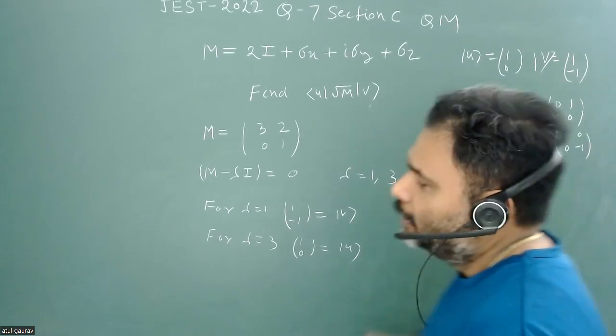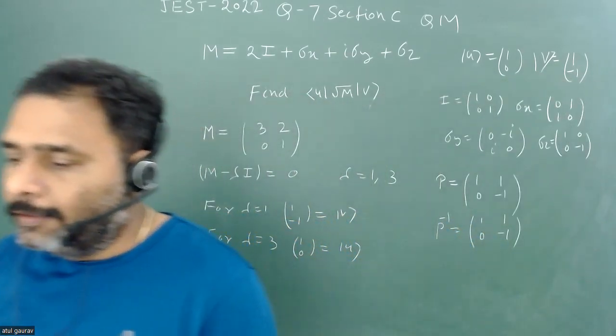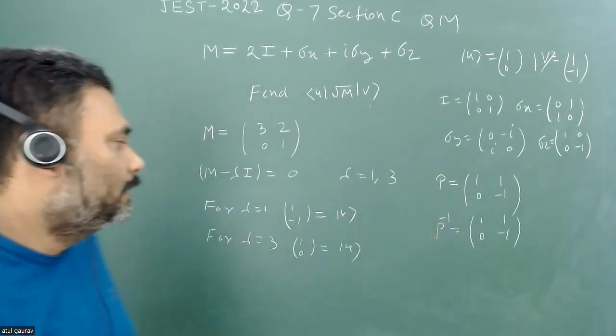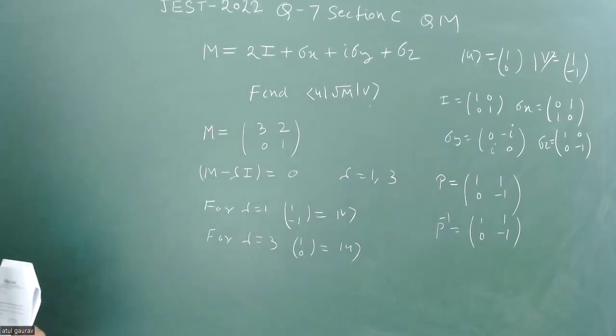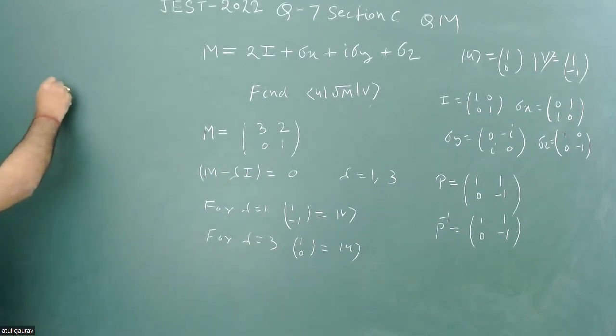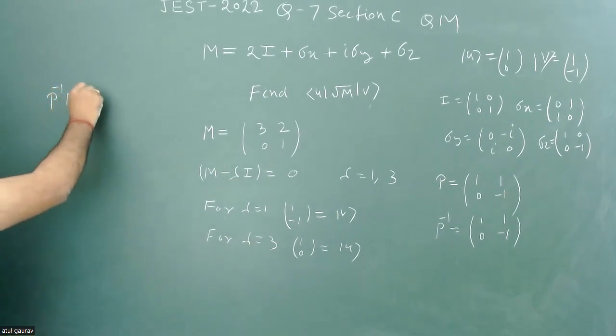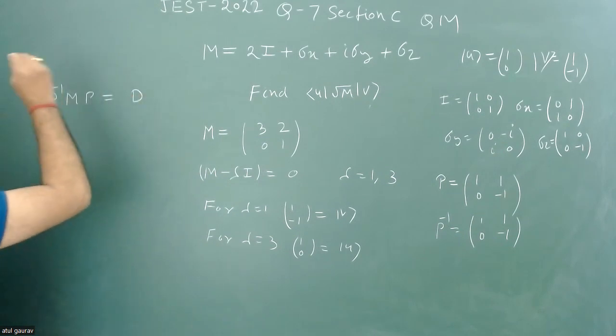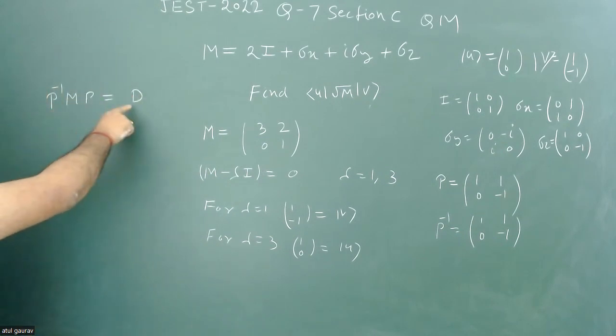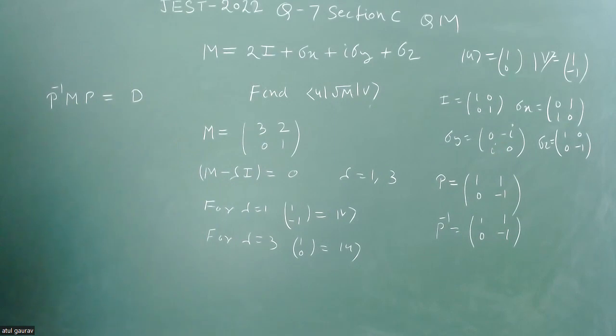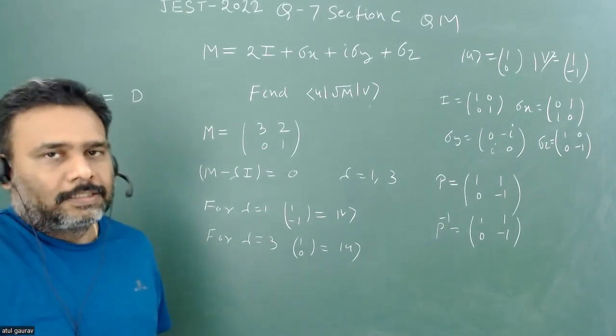So you can also see that this is basically a unitary matrix. Then we can find P inverse M P, which is some diagonal matrix, and M and D are basically similar matrices.